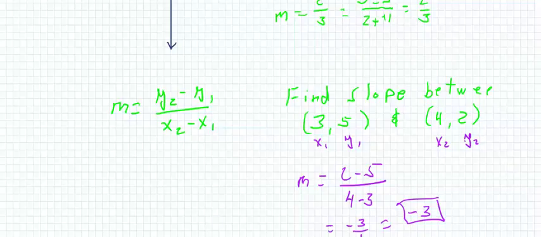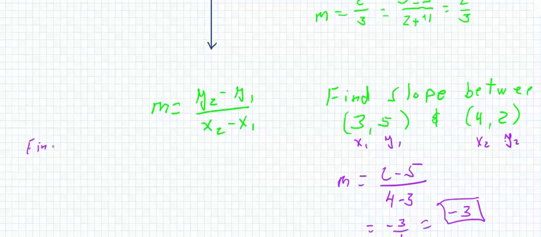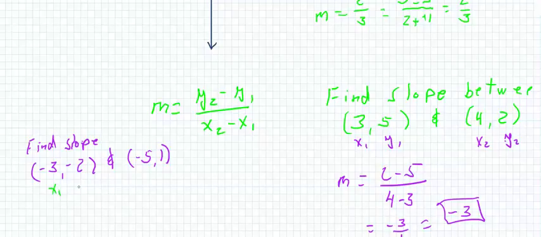Let's do one more, just because we can. So we want to find the slope. And we'll use 3, -2, -3, -2, and -5, 1. Call this x1, y1, x2, y2.